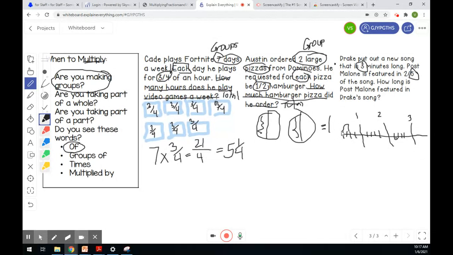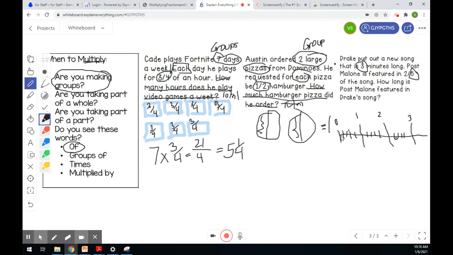I started off at 1/5, which is wrong. Let me fix this. It's really important that you have a tick mark for 0 because we always start off at 0. So I'm going to put a tick mark right here and write 0. There we go.